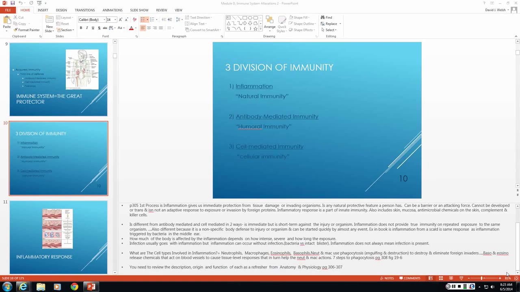You won't need to know the 7 steps, but if you're interested in the 7 steps, that's where they're located. Now, you need to make sure you review the description, origin, and function of each of the different cell types, just so you'll have a good idea on which cells react in which ways.